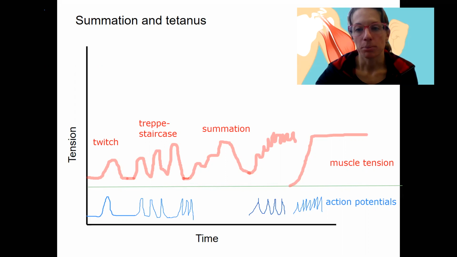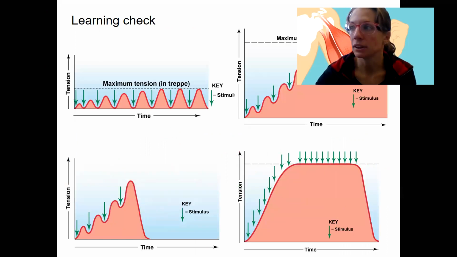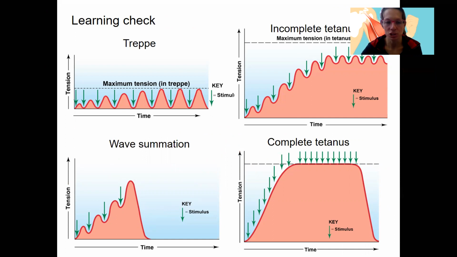Okay, let's do this on a different picture and do it as a learning check here. So if you could label each of these as best you can. This one I have partially labeled. Okay, this one's also labeled already. So this is treppe here. You can see that these individual separate twitches are still separate, but there's a staircase phenomenon happening here as the calcium inside this cell increases.